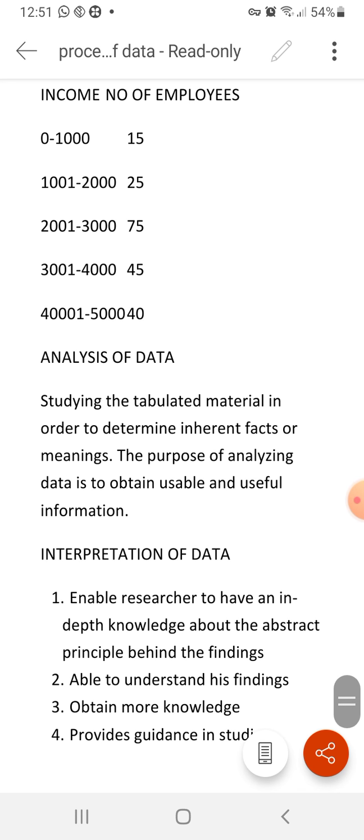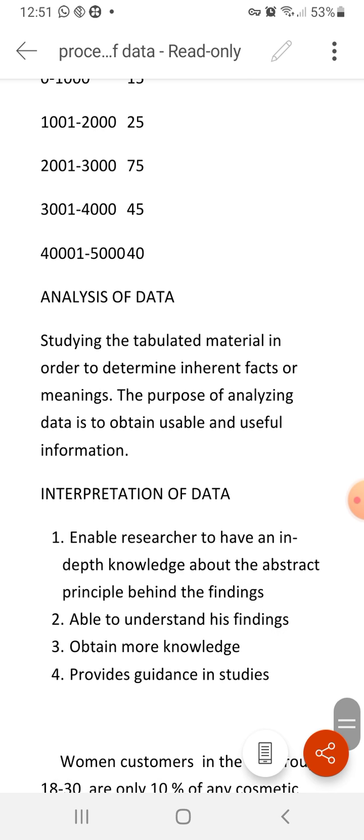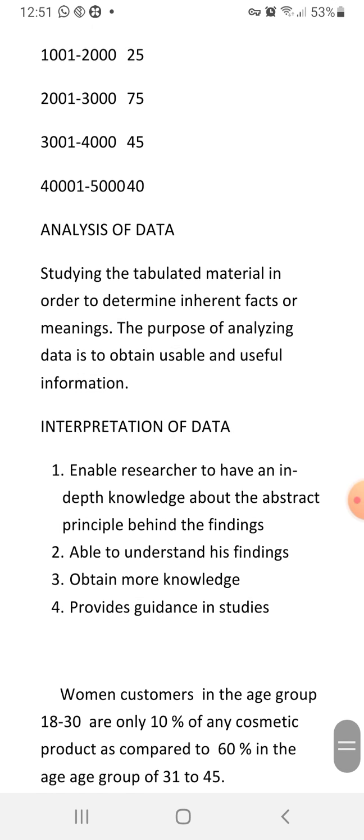Then we can easily analyze, out of the total number of employees, what percentage is getting a salary or income of 2001 to 3000, and what percentage of employees are getting an income of 4001 to 5000. Such analysis we can do only after the tabulation.